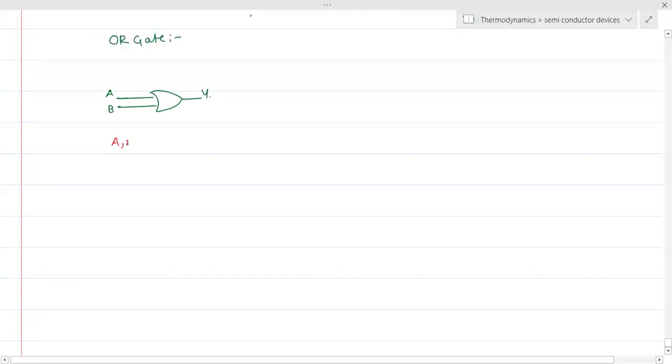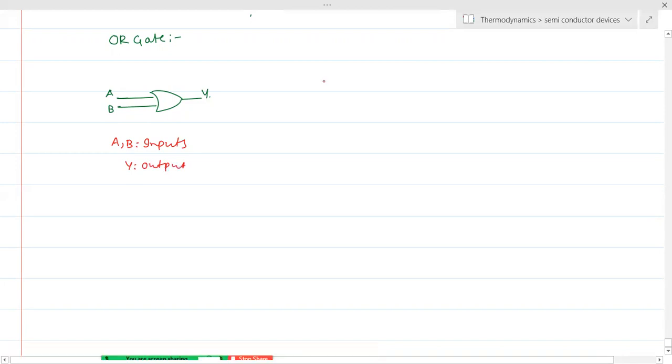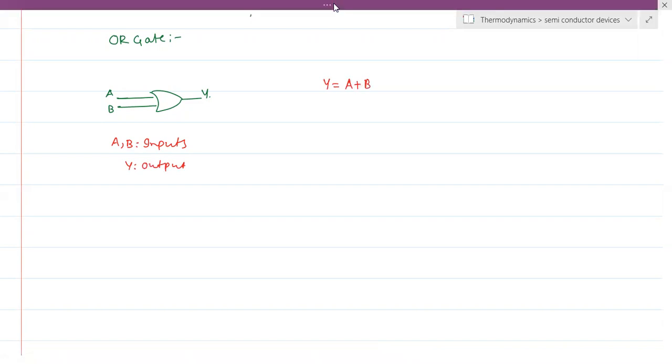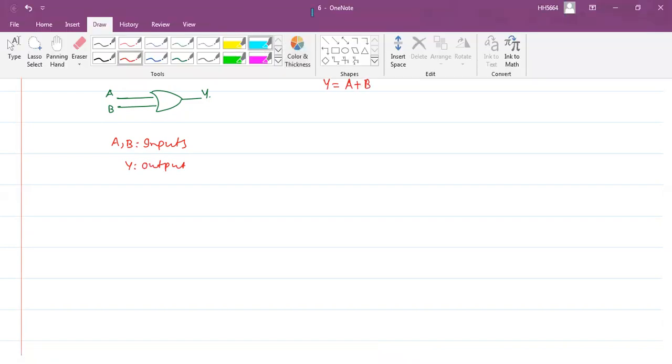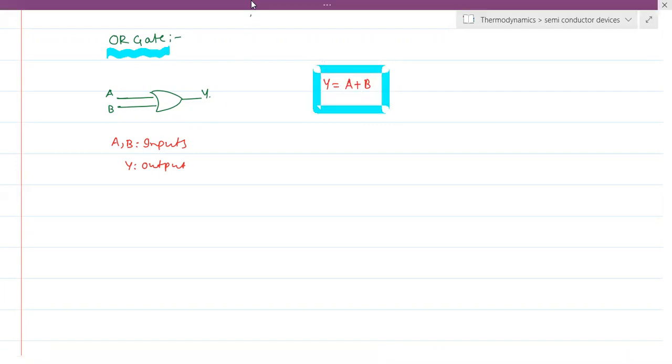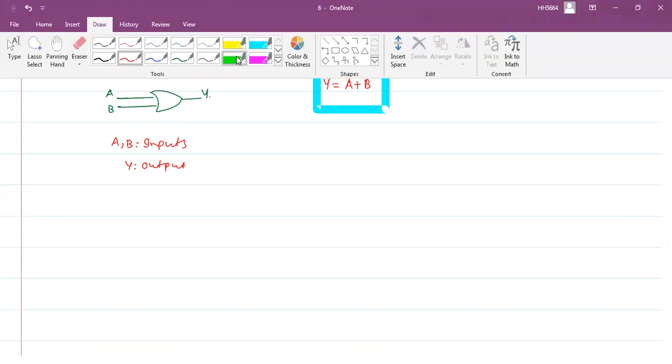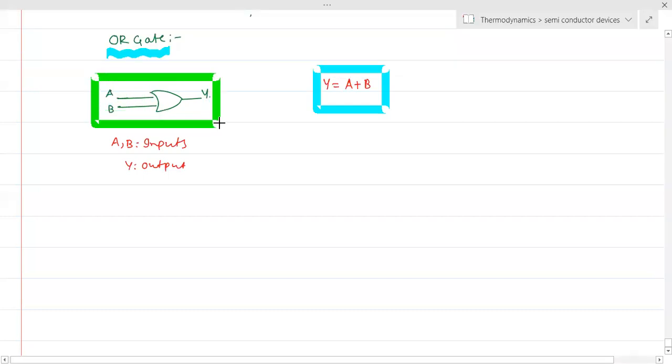They are operated by the mathematical operation Y equivalent to A plus B. This is very important, this expression Y equivalent to A plus B. So A, B are inputs and Y is output.